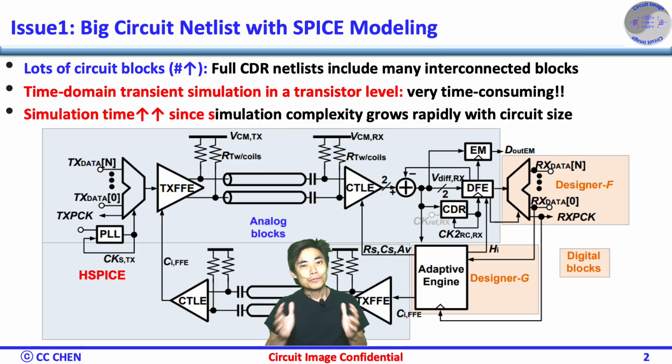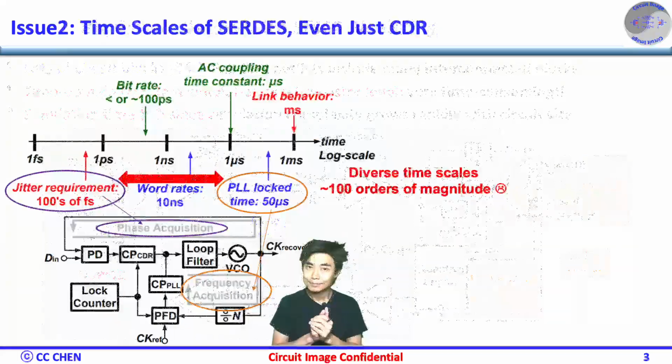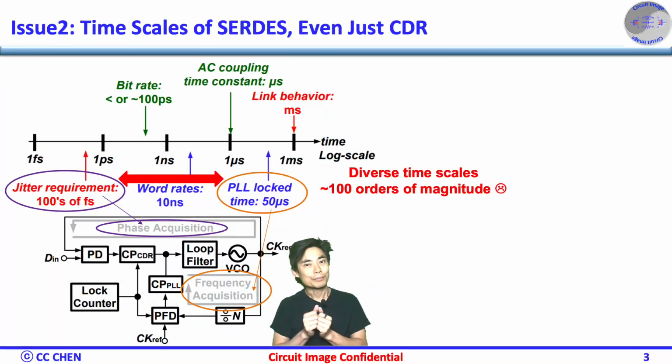Let's now move on to the next challenge, timescale mismatch in CDR systems. Now, let's talk about the timescales involved. CDRs operate over a massive range of time, from femtoseconds to microseconds. Let's break it down.